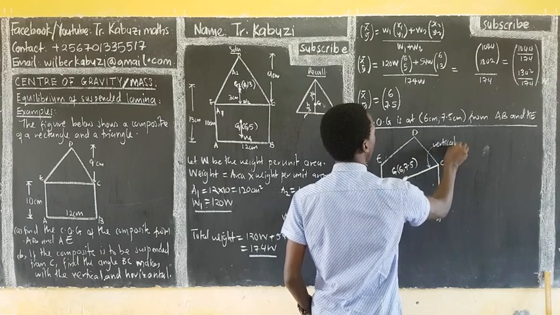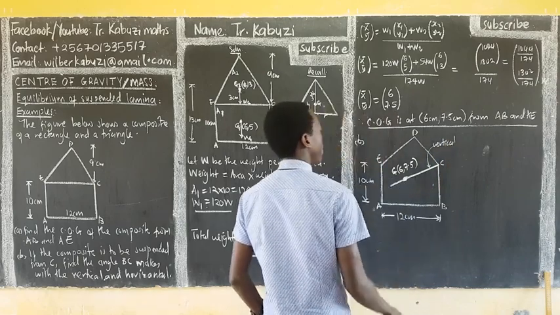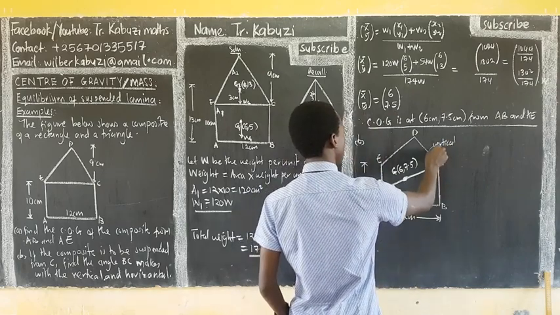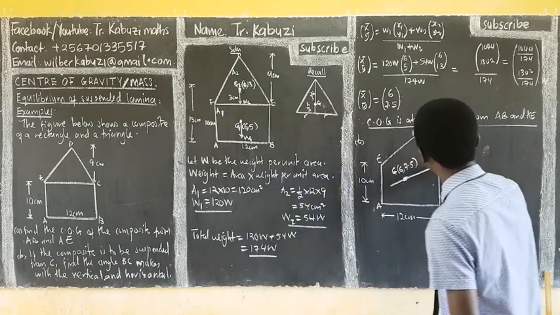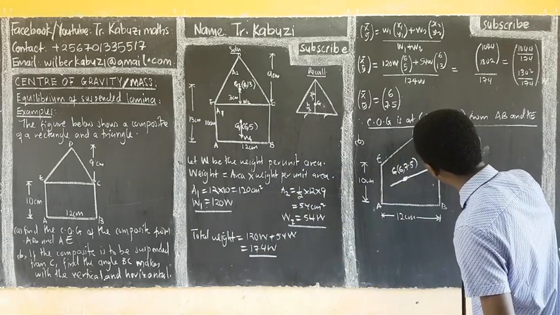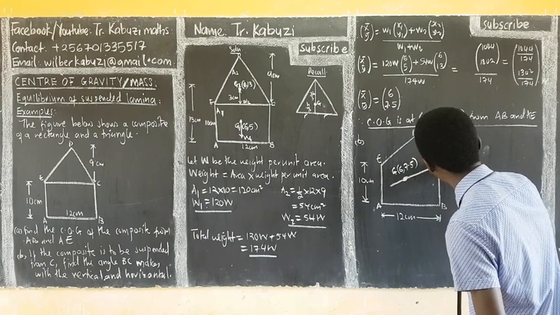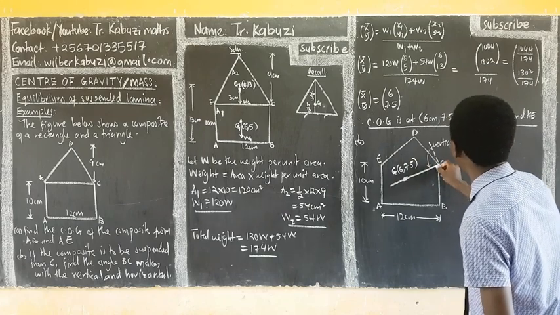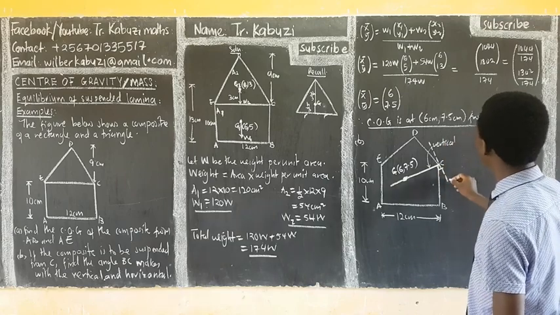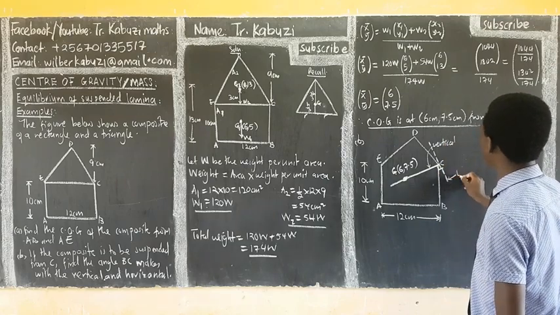How do we find the horizontal? The horizontal is perpendicular to the vertical. For it to be perpendicular, it has to be in this order. So this is my horizontal, perpendicular to the vertical.